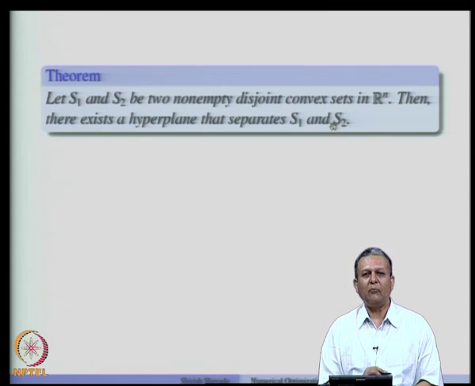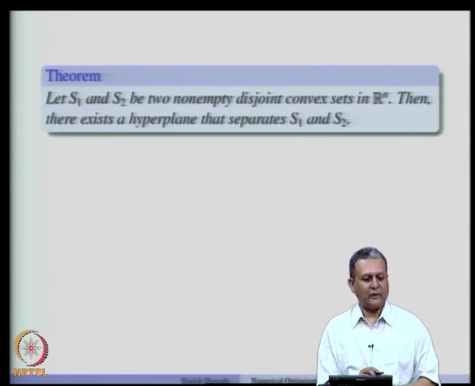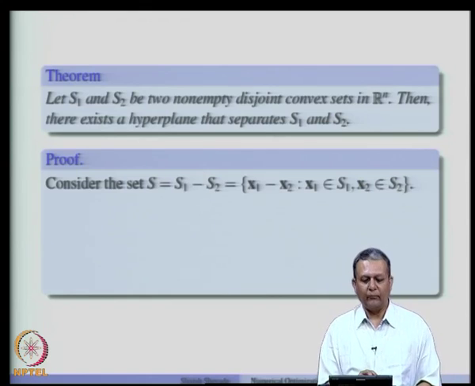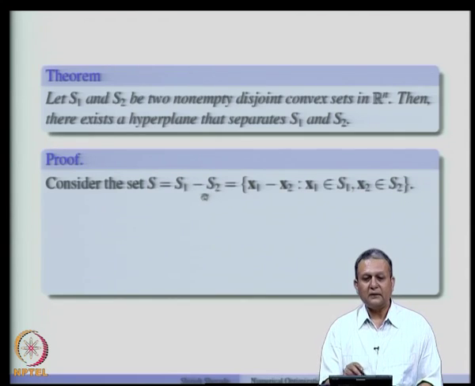Can we combine them to form a convex set and use that to prove this? So, let us see how to do that. Let us consider a set S which is S1 minus S2, which is basically the set of all x1 minus x2 such that x1 belongs to S1 and x2 belongs to S2. Now, this set is a convex set.